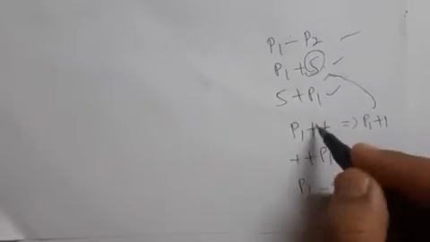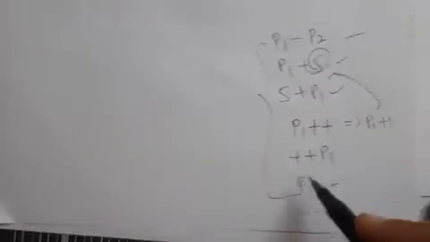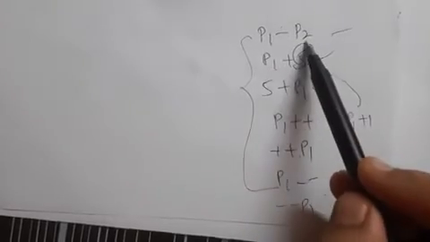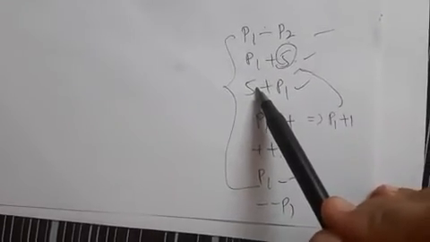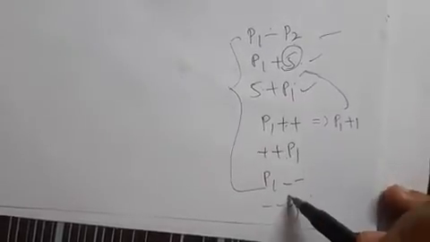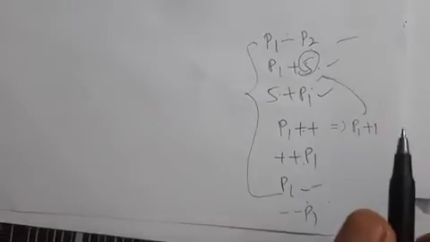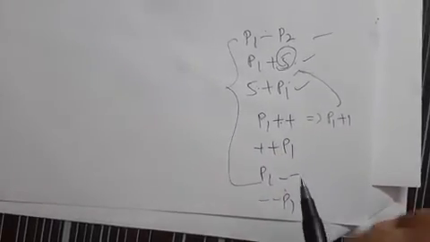So pre-increment and post-increment are also possible. So the possible arithmetic operations we can do are P1 minus P2, adding a number, number plus P1, pre-increment and post-increment. These are the only arithmetic operations which we can do with the help of pointers.